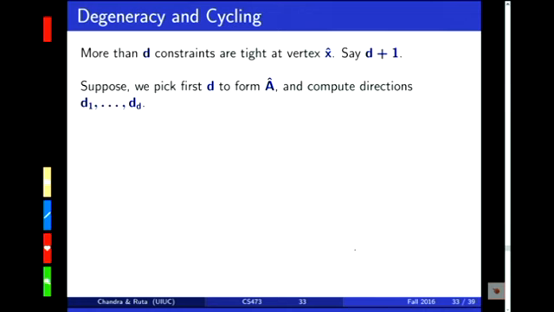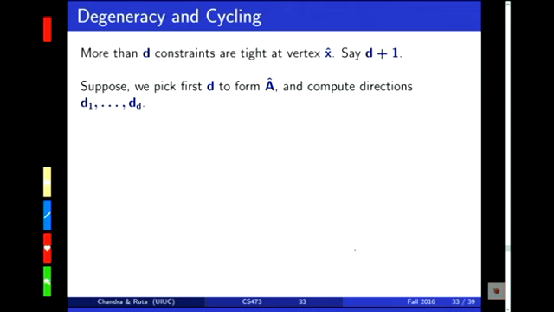I just happen to be at that degenerate vertex, and there are d plus 1 hyperplanes tight there. Out of that, I pick d of them and form my system of linear equalities to compute the directions that we talked about, by taking the inverse and multiplying by -1.